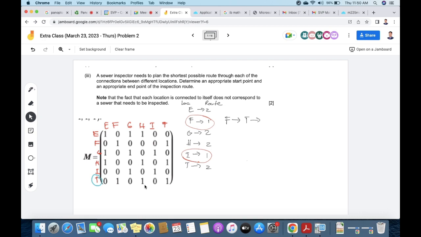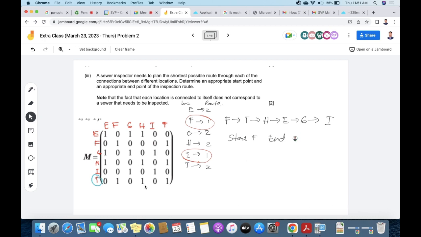From H, I'll go where? E. From E, where should I go next? G. And from G, where should I go next? I. And here, I'm now sure that all locations have been checked. All right? In other words, I can start with F and end with I.